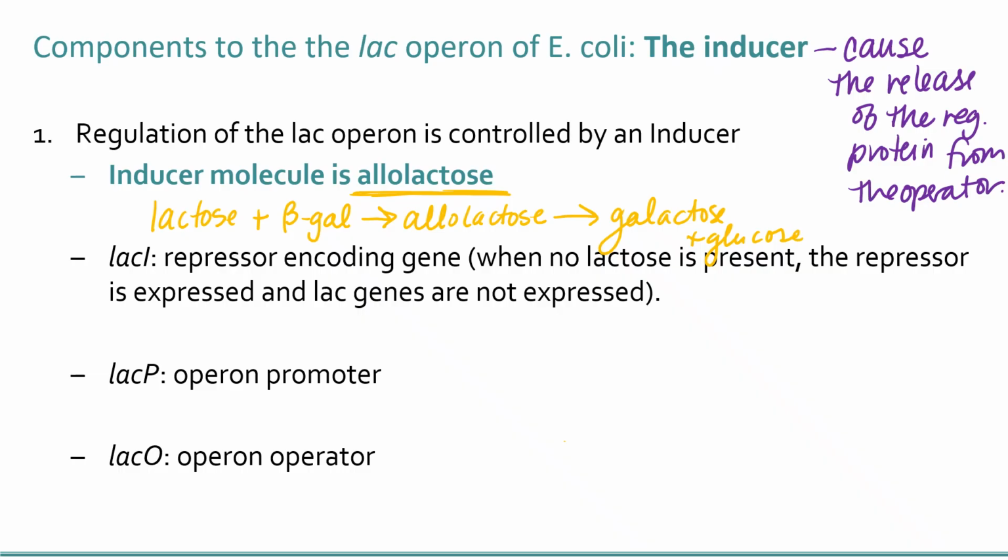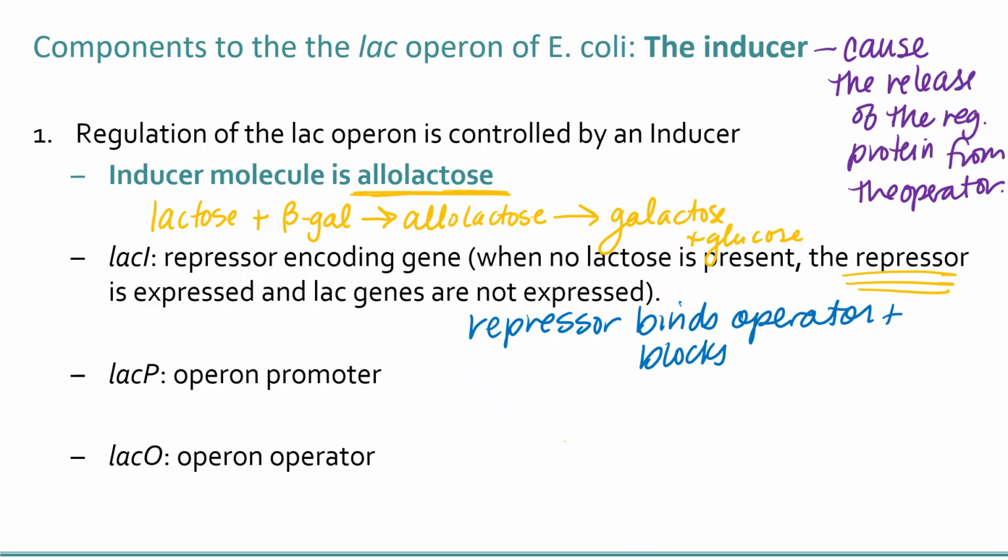So there are a couple of genes that are going to be needed for this. One is the LAC-I gene. This is the repressor. Remember that a repressor binds to the operator region and blocks transcription.